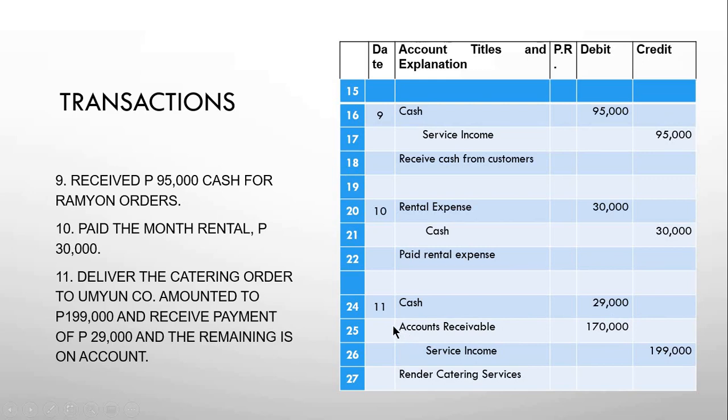Kaya debit tayo ng accounts receivable. Debit cash for the cash received as payment, and debit accounts receivable for the collectible amount or remaining amount that will be collected in the future. Both are asset accounts, debit. Okay? So do not forget the explanation, render catering services.